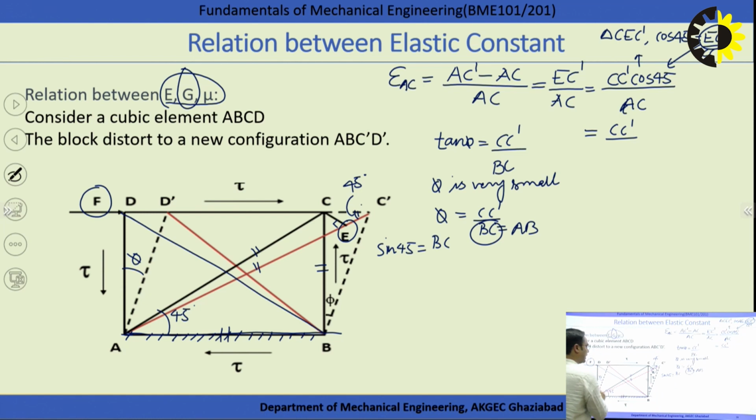In this triangle ACB we consider sine 45, that will be BC upon AC. So what is the value of AC here? BC upon sine 45.